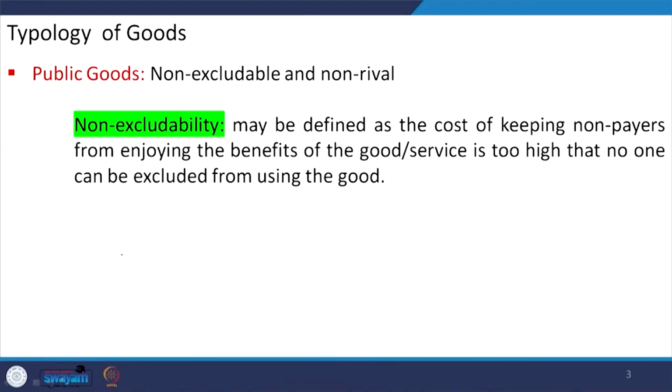So, it is a case of non-excludability. If you have to define it, non-excludability means the cost of keeping non-payers from enjoying the benefits of the goods and services is very high, because of which no one can be excluded from using that particular good.